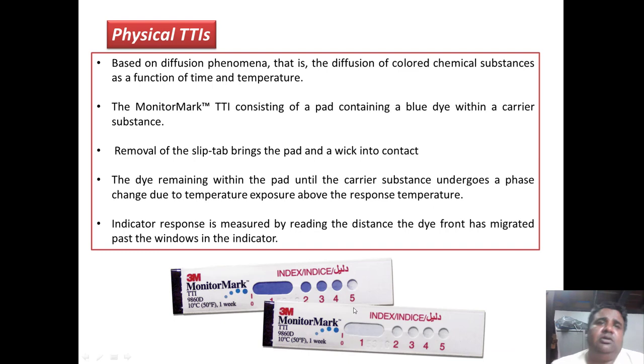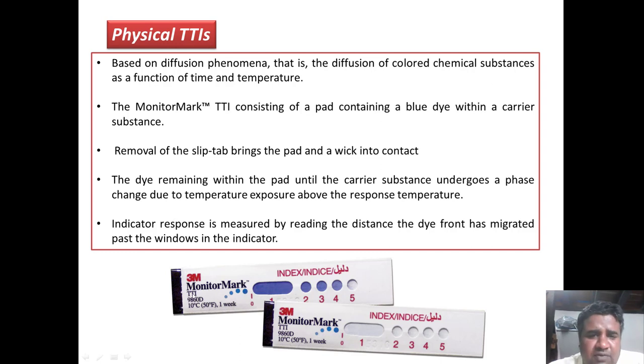Next I am coming to the physical time temperature indicator. In the case of the chemical time temperature indicator, the mechanism of working was chemical reactions, and here it is a physical mechanism.